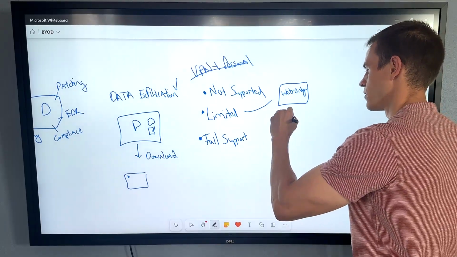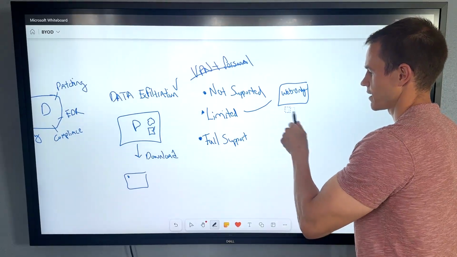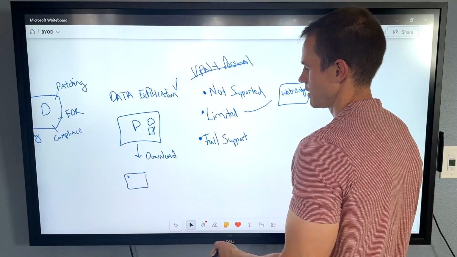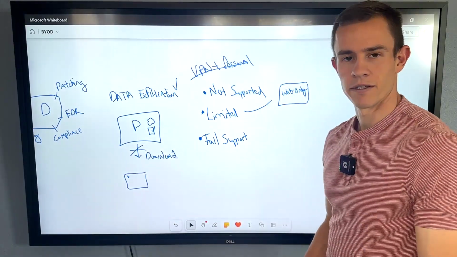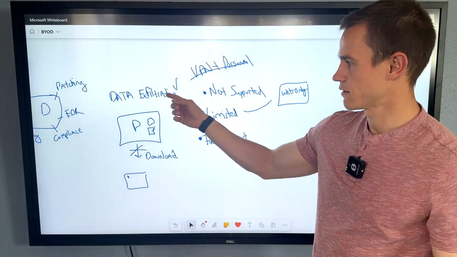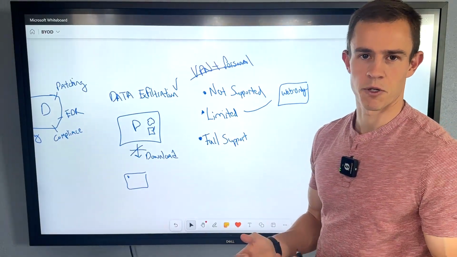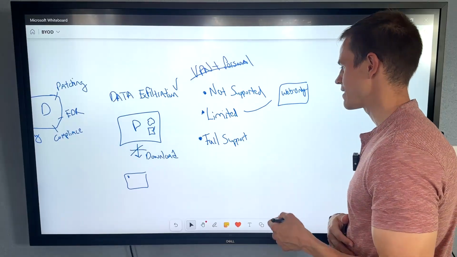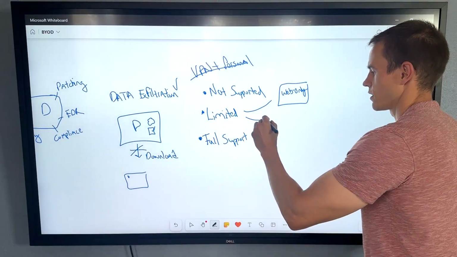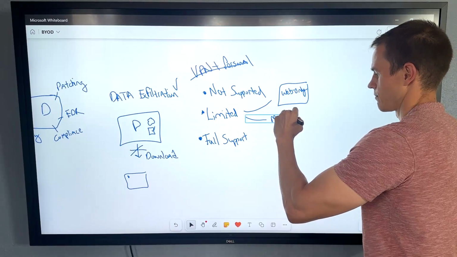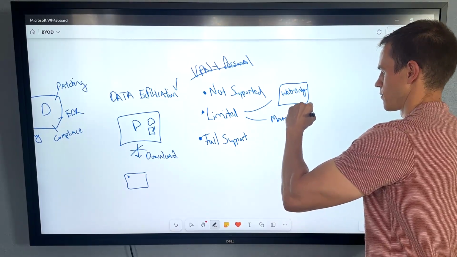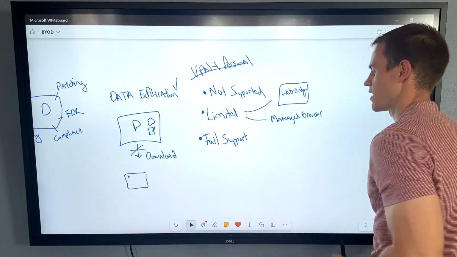The other, when we get into the concept of the download, is saying that I'm going to prevent you from downloading to your personal device. Again, checking the data exfiltration box as much as we can, and we'll be able to see that through the demo. The other limited support that I'm going to show you is a managed browser.